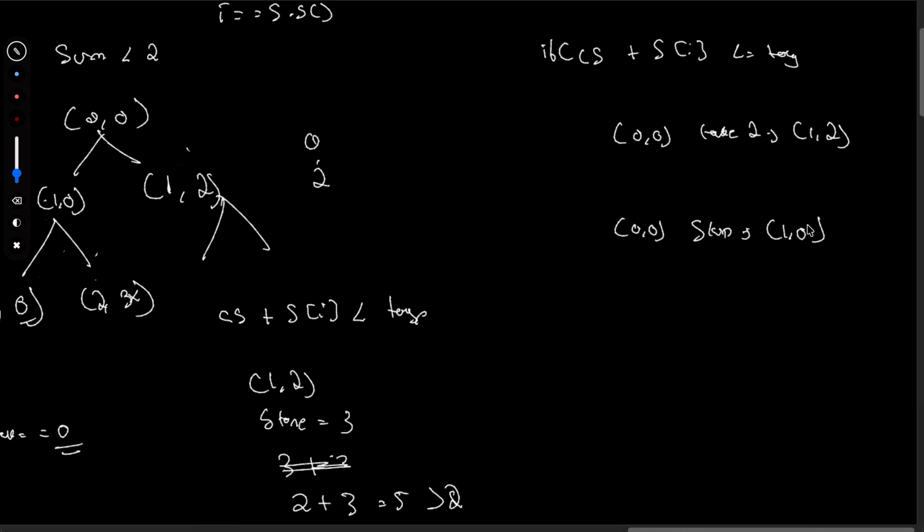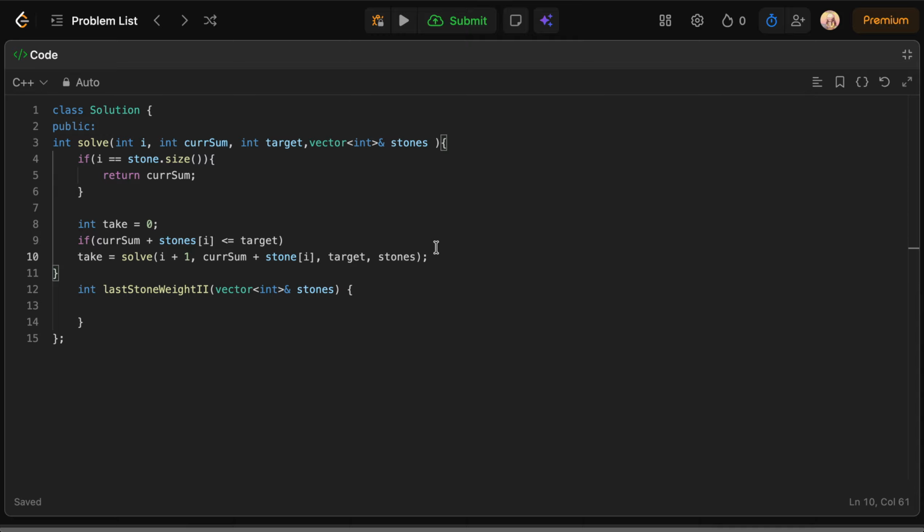So write the code of skip. int skip is equal to solve of I plus 1, current sum, target and stones.